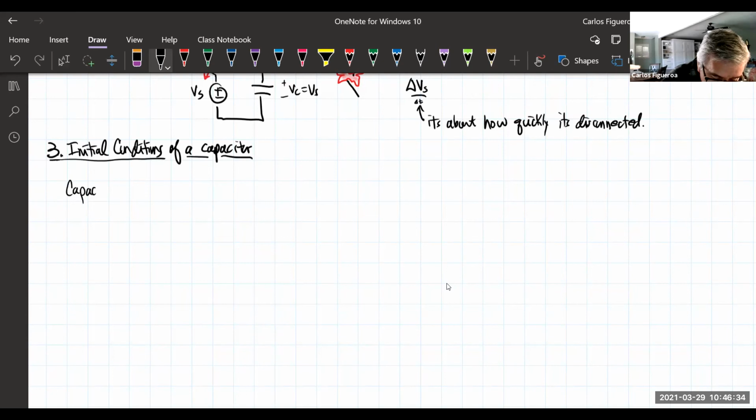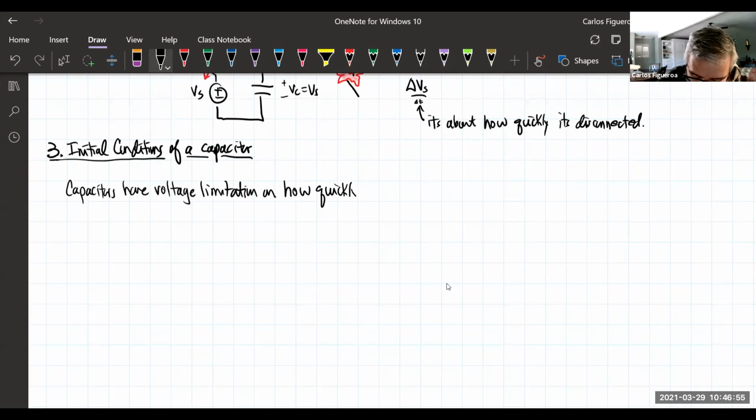Capacitors have a voltage limitation on how quickly voltage can change.